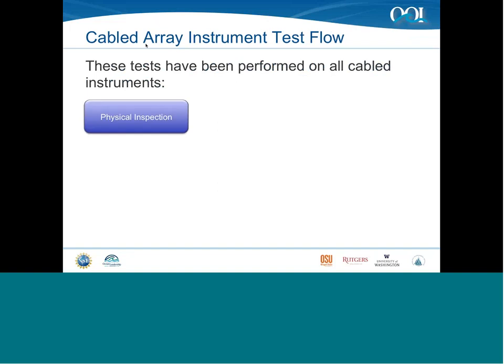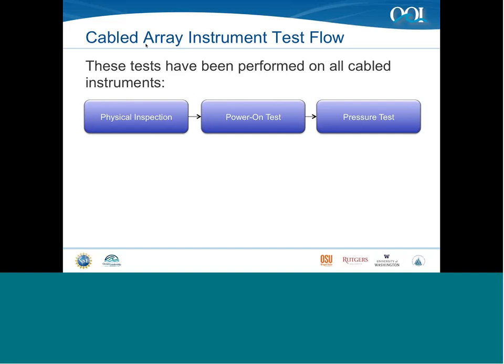So the test flow: each instrument, when it comes in, goes through a physical inspection. This has happened to all instruments on the cable array, including the core infrastructure, and generally this is what we would do for integrating a PI instrument as well. So physical inspection, followed by just powering it up: does it work?